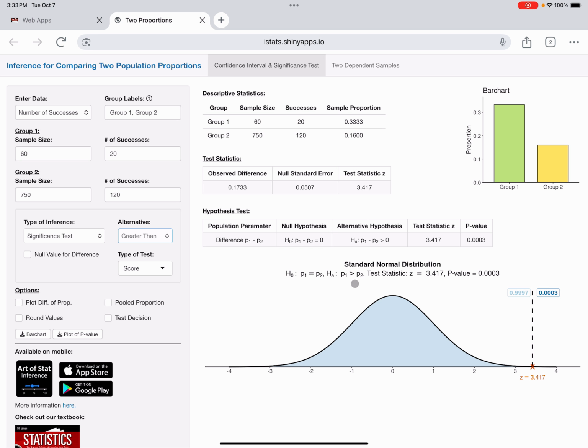You can also see it here. Right here it's saying P1 minus P2 is greater than 0. But that's equivalent to saying that P1 is greater than P2, which is the way that we wrote it down on our page. Okay, so I think this test is set up the way that we want it to go. Our p-value is 0.0003. Okay, so let's write that down.